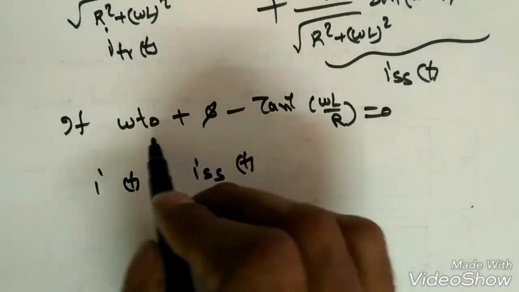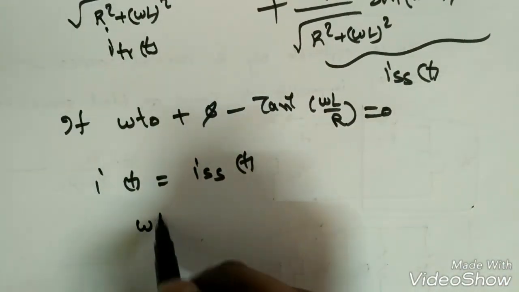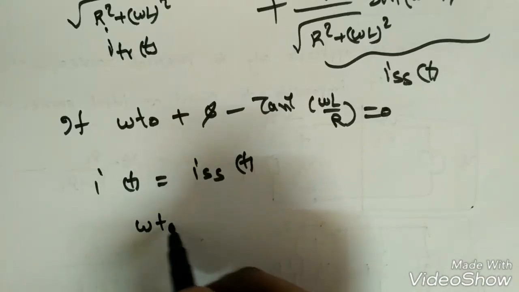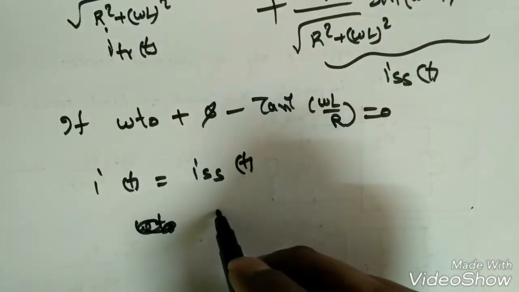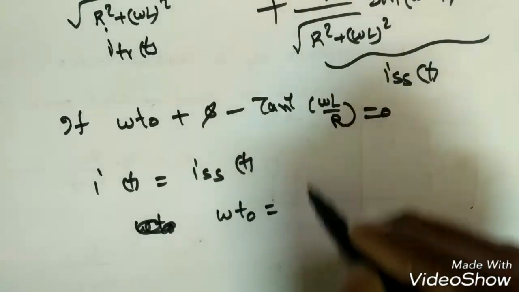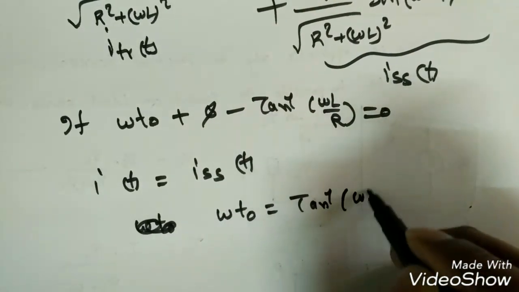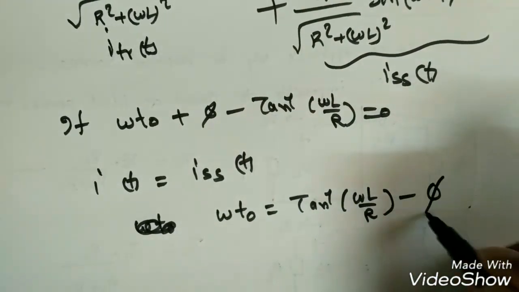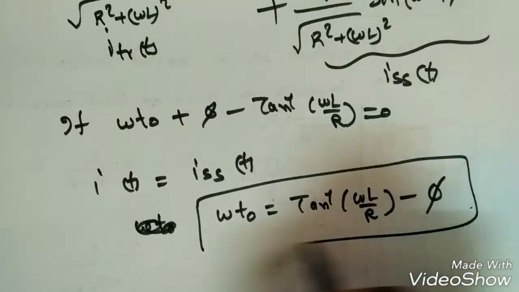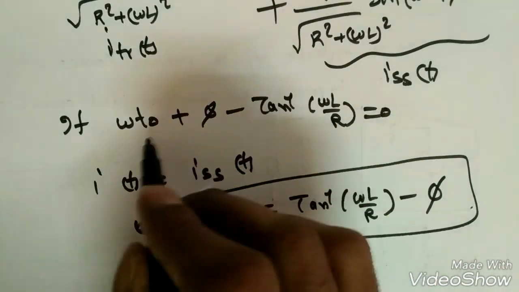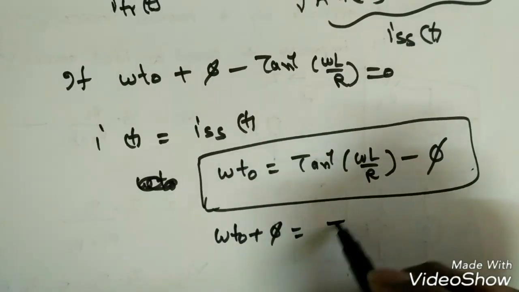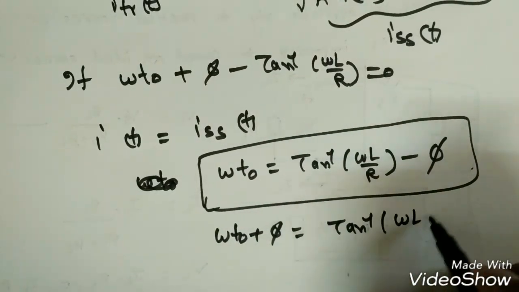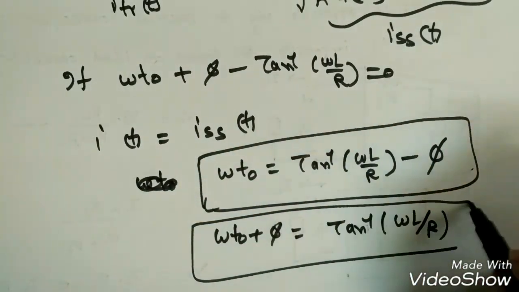So what is the transient free condition? Omega t naught is equal to tan inverse omega L by R minus pi, or simply omega t naught plus pi is equal to tan inverse omega L by R. Anyway you can write, right?